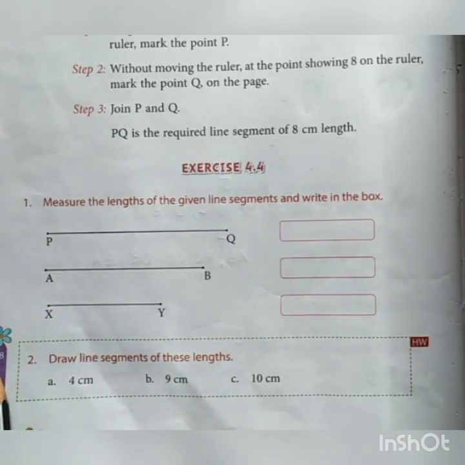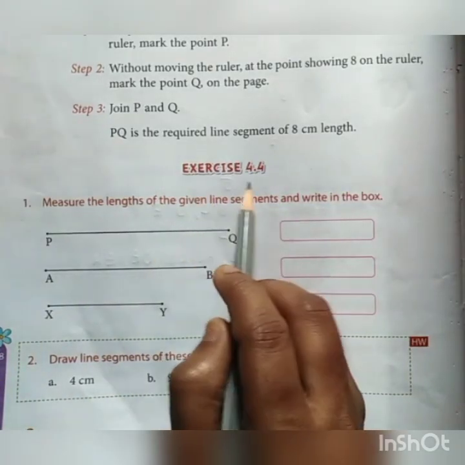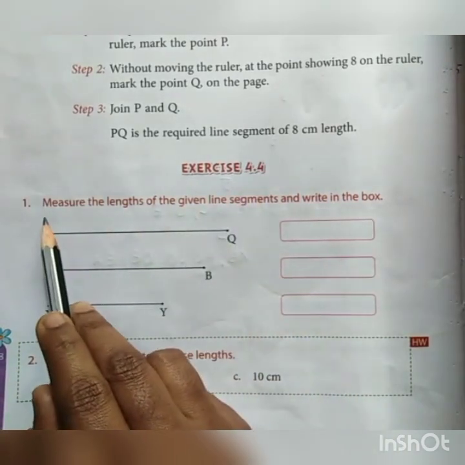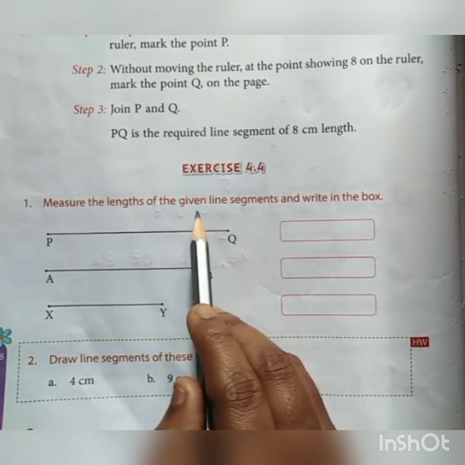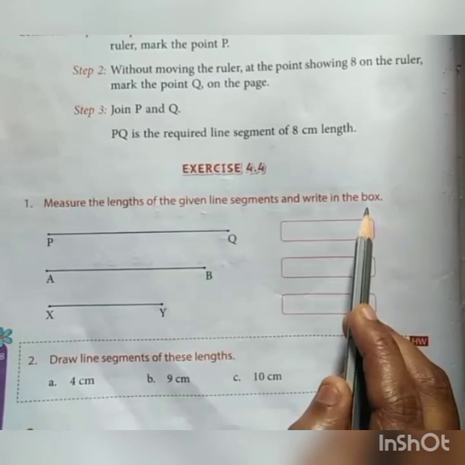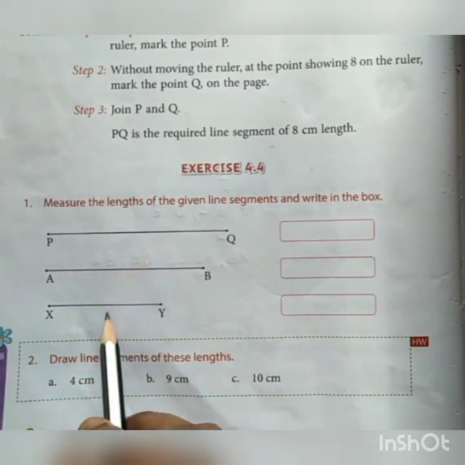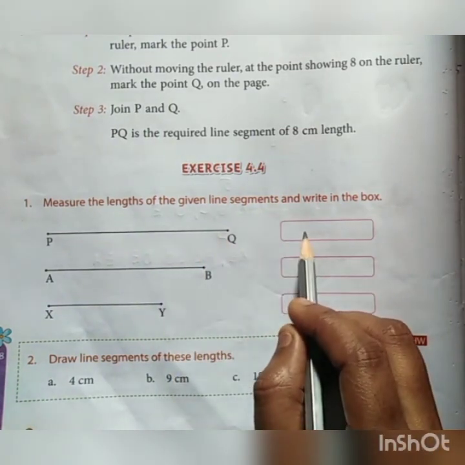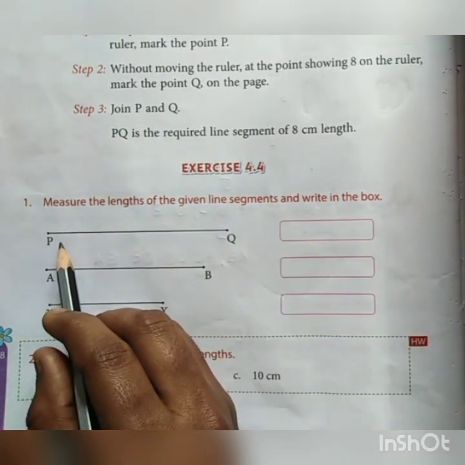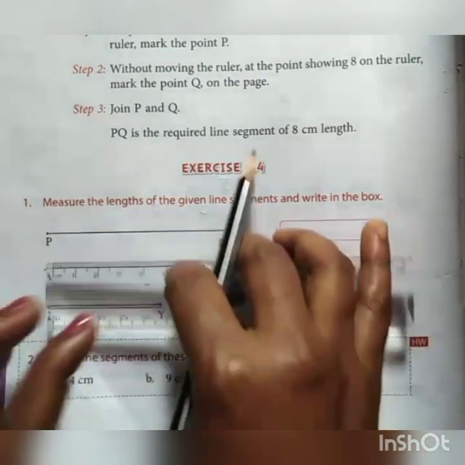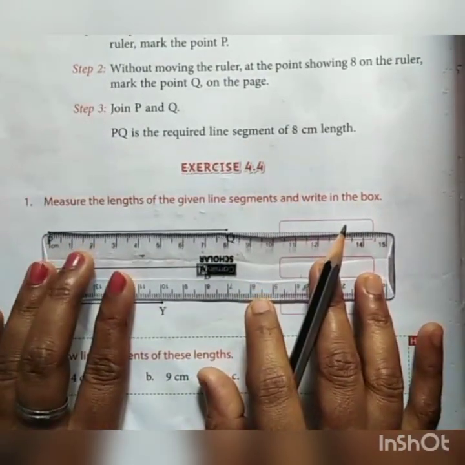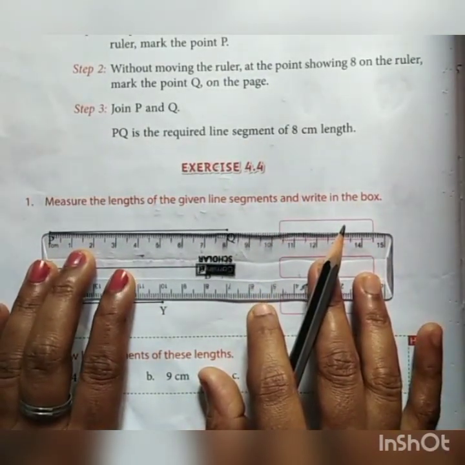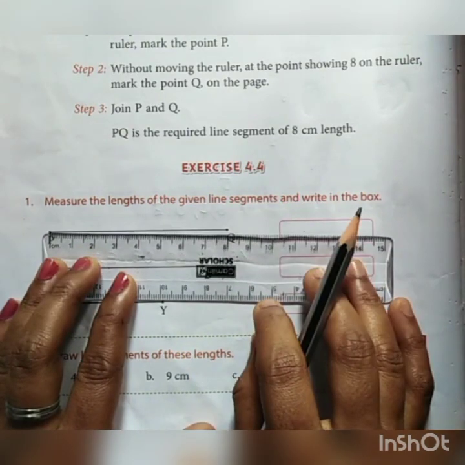Children, please take page number 118. Let's do exercise 4.4. First question is, measure the lengths of the given line segments and write in the box. Here 3 line segments are given. We should measure the line segment and write the measure in the box. Here the first line segment is PQ. While measuring a line segment, first we have to keep the ruler on one end point. That means 0 mark on the ruler should be at one end point of the line segment.